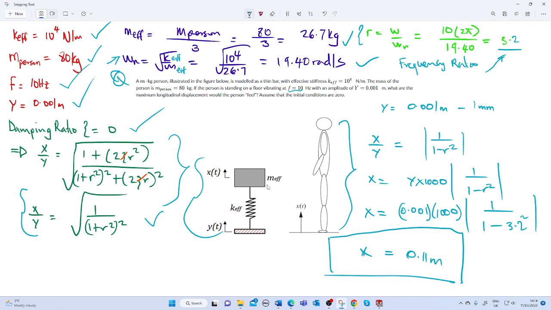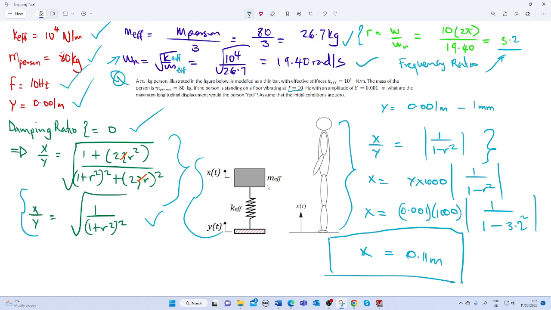Now that we have found the frequency ratio of the illustrated system, by slotting all the values into the particular equation, that becomes X over Y equals 1 over 1 minus r squared. And knowing fully well that the displacement ought to be in millimeters, we multiply our Y with 1000.